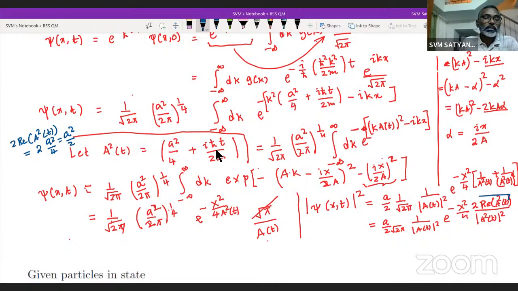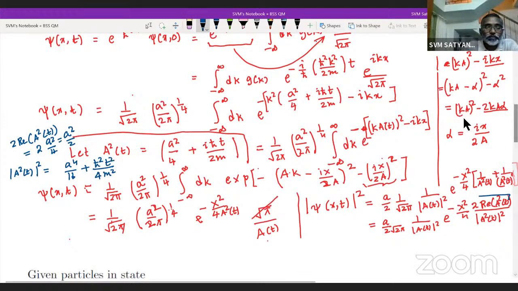And modulus of a square of t square is equal to a to the power 4 by 16 plus h bar square t square divided by 4m square. Okay, so that is what this is.